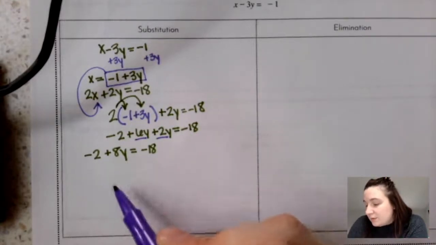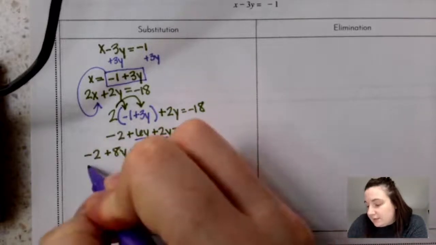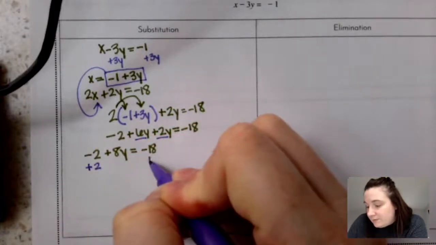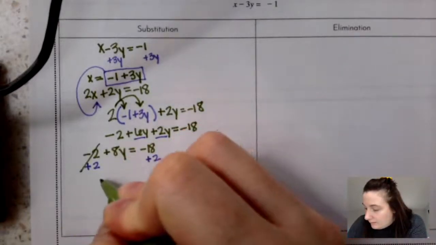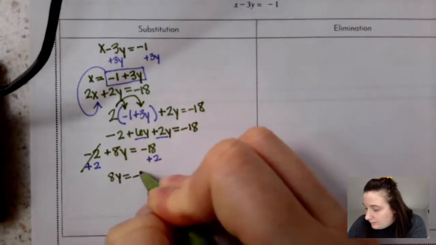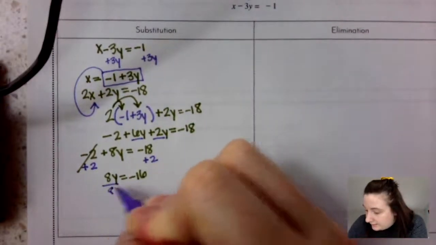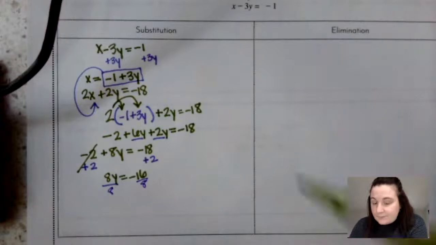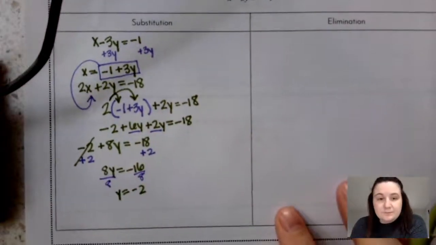Between these two, this one is a like term with negative 18, so I want to get rid of it by adding 2. And then I get to divide. So I'm left with y equals negative 2.